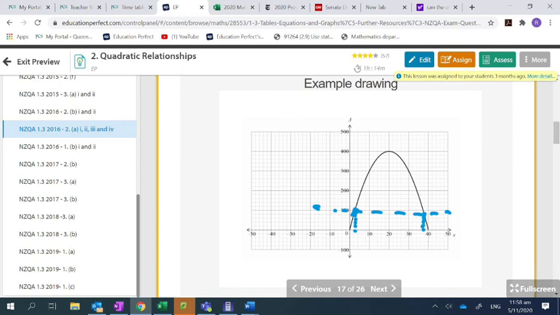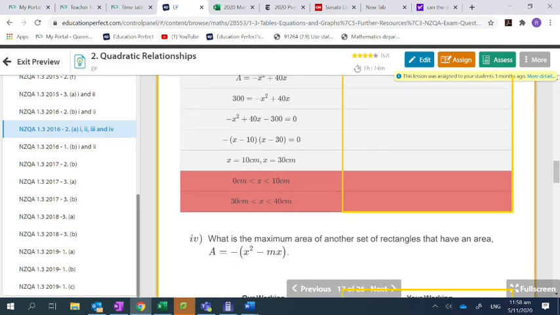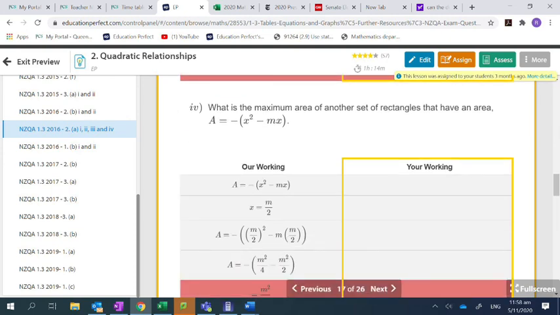That's a little harder to read, but no big deal. That's all you have to do. Now look at what they did. You do have to give a range of values because it said less than. So it's anything between those two points and those two points.